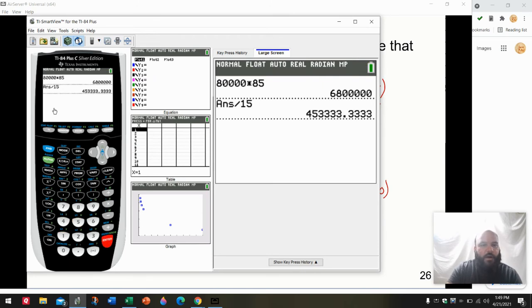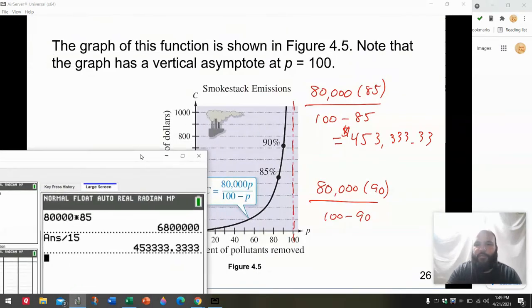And you can see that it would cost $453,333. So there's our cost for the first one, about 453,000.